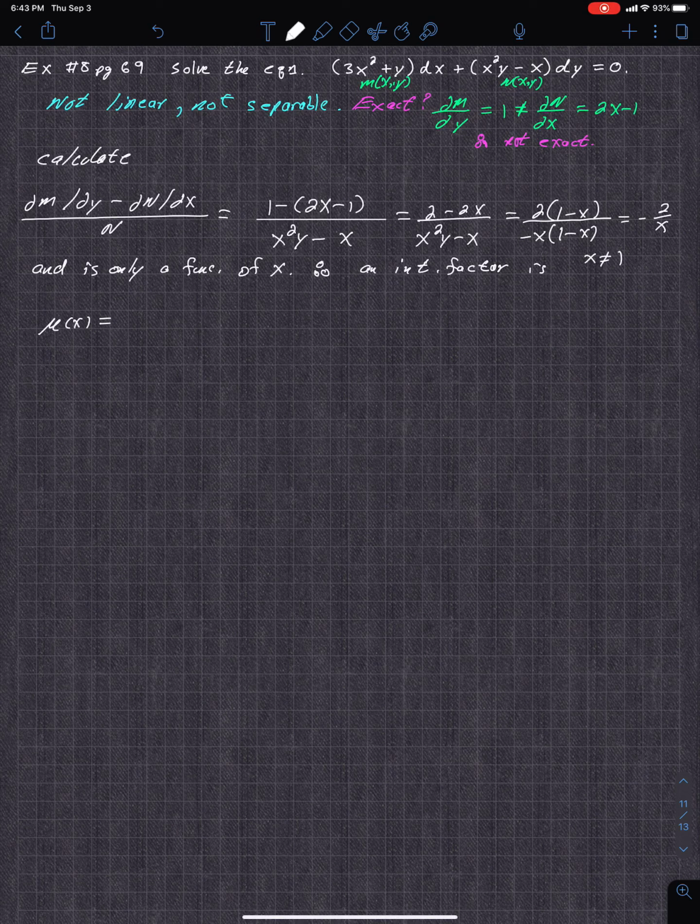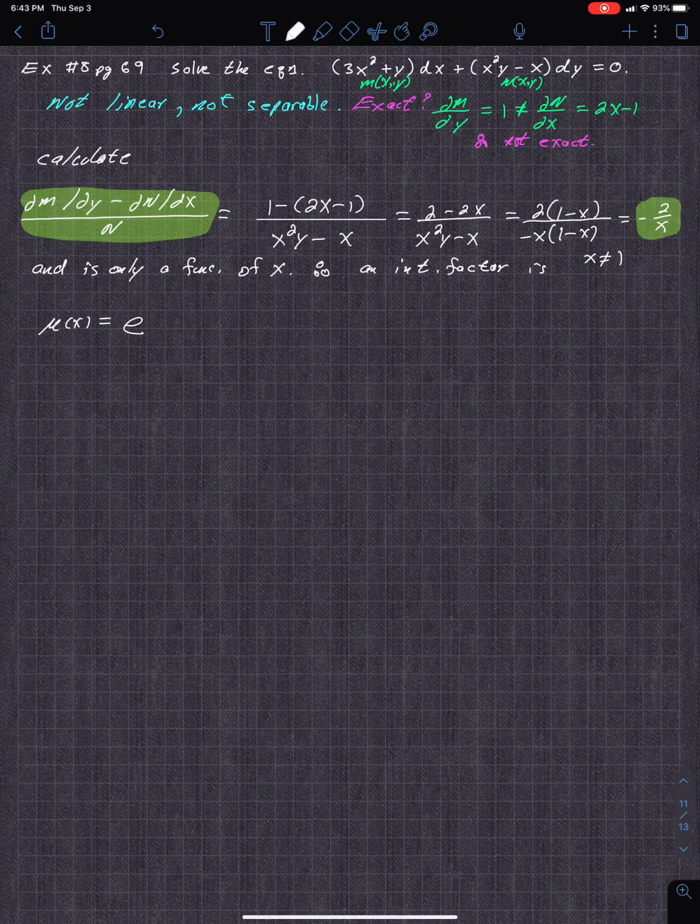You calculate μ(x): it's e raised to the integral of all that we just did, so you don't have to redo it.